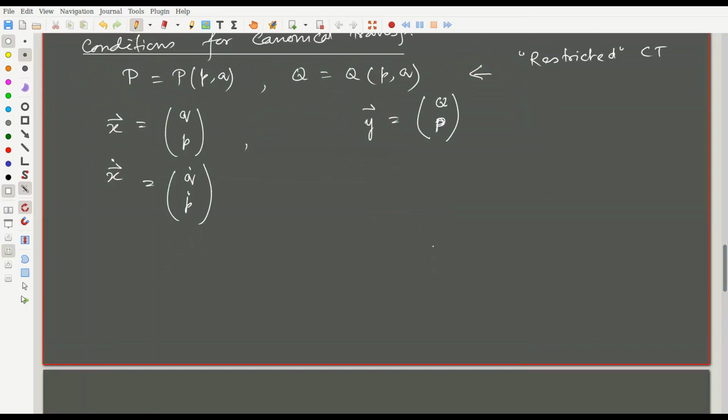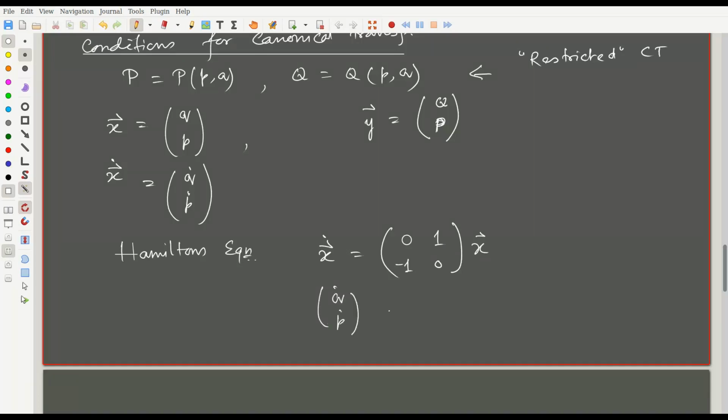In terms of this x, you can concisely write down Hamilton's equations as x dot equals this matrix, which is 0 1, minus 1 0, times del h del x. If you plug this in explicitly, you will readily see how it gives you the equations.